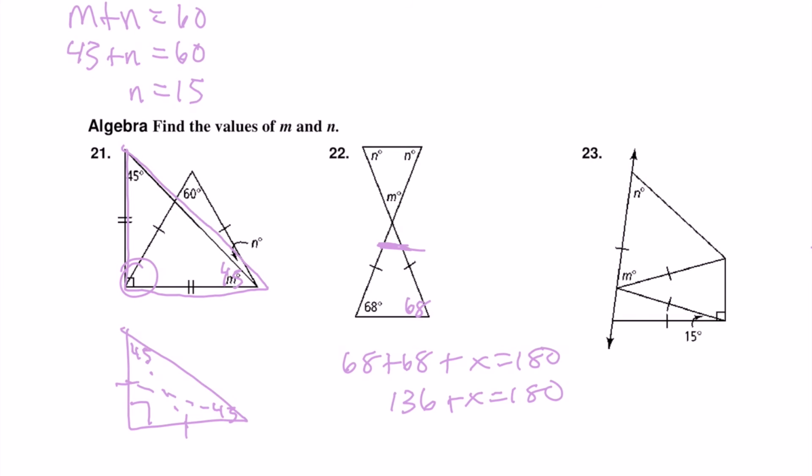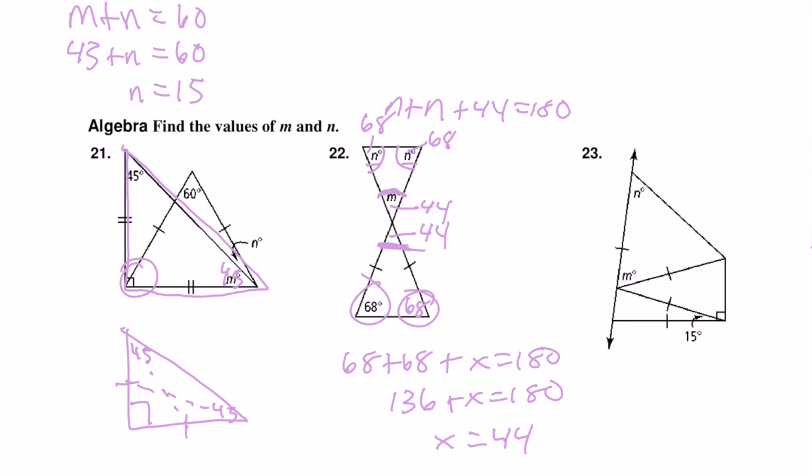And subtracting 136 from both sides gives you 44 for x. So this is 44. m is vertical to it, so that must be 44. And notice these base angles up here are congruent because they're both labeled n. So I know that n plus n plus 44 must equal 180. And we're going to find out that they're both equal to 68 then. Since they both have the same vertex angle, the base angles must be the same.